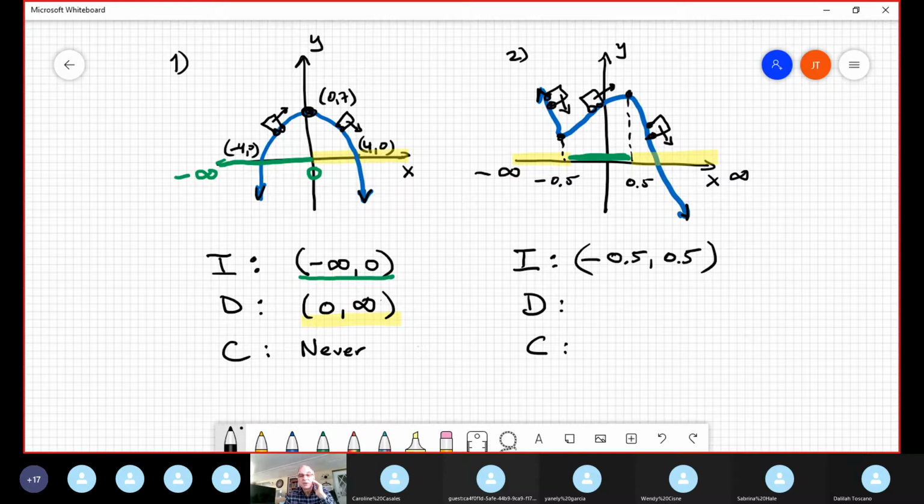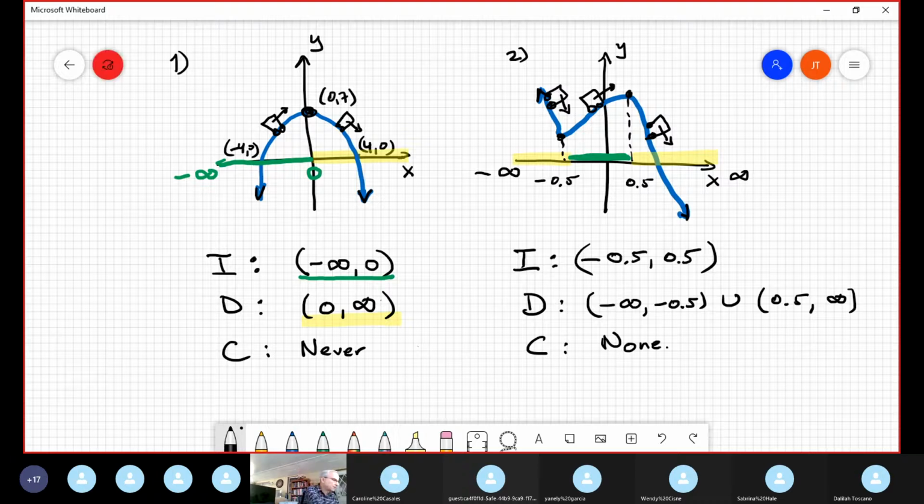Decreasing is in two pieces, the yellow part: from negative infinity, comma, negative 0.5, union, because it's two separate intervals, 0.5, comma, positive infinity. And constant: never. Any question? Super easy.